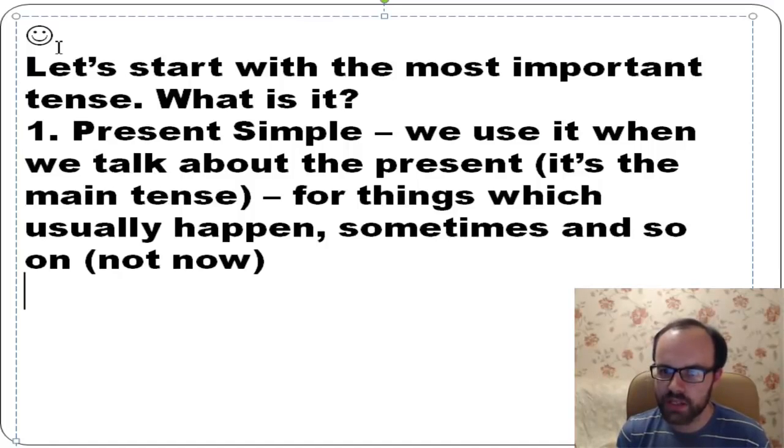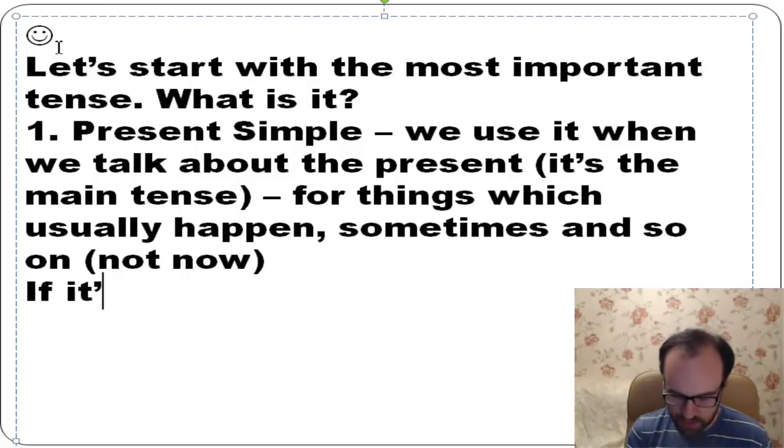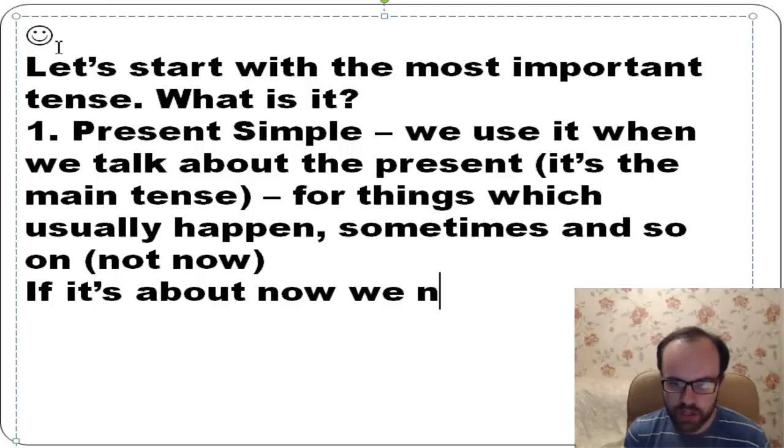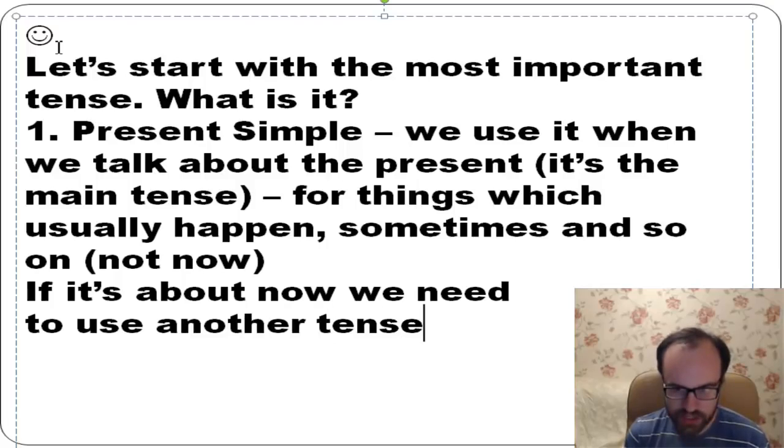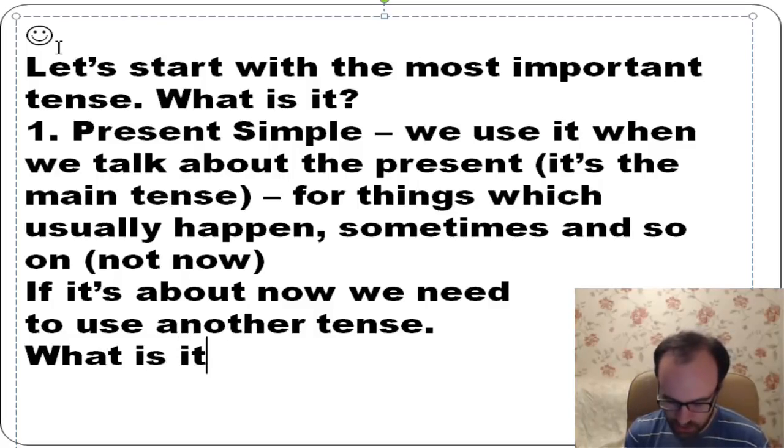If it's about now, we need to use another tense. So what is this tense?